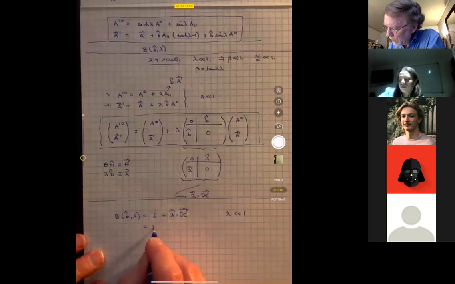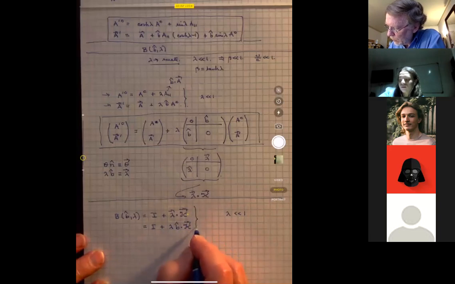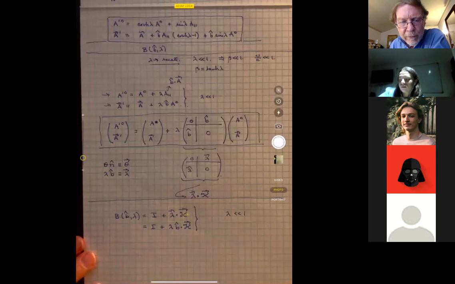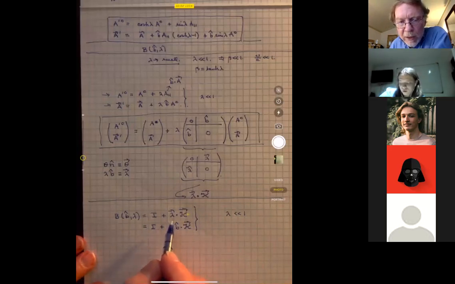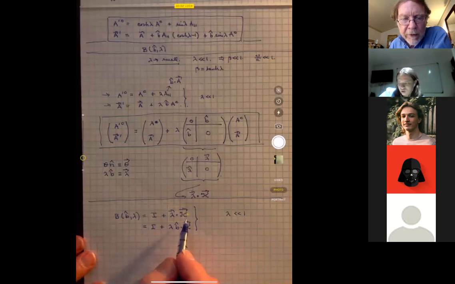And this can also be written as the identity plus lambda scalar times b hat dotted into K. It means the same thing. These are 2 different versions of infinitesimal boosts. But in using this notation, you must remember that lambda here is a vector of numbers, but K here is a quote unquote 3 vector of 4x4 matrices.